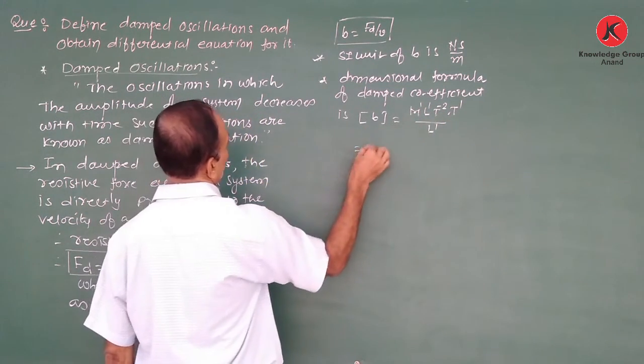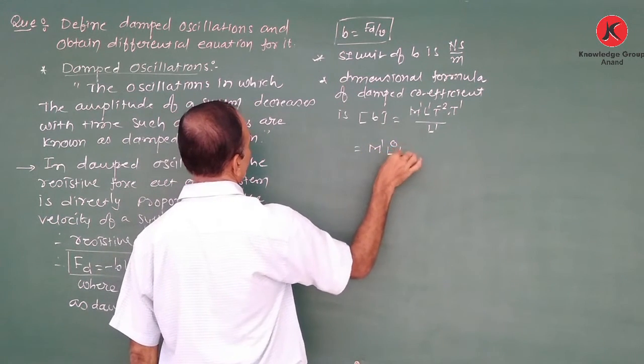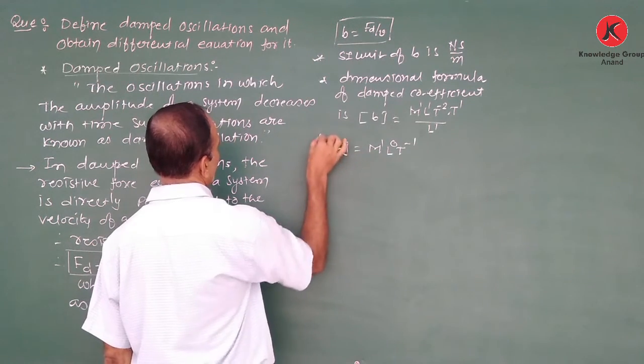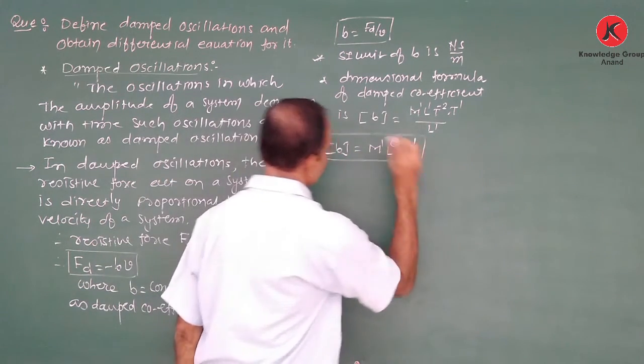So it is equal to M1 L0 T minus 1. That is the dimensional formula of the damped coefficient.